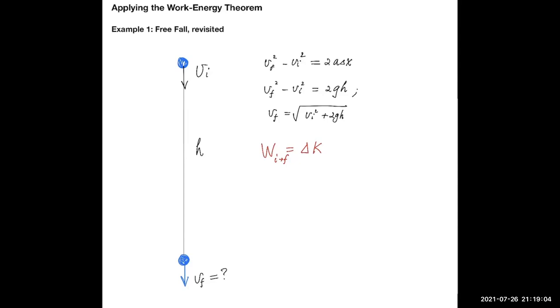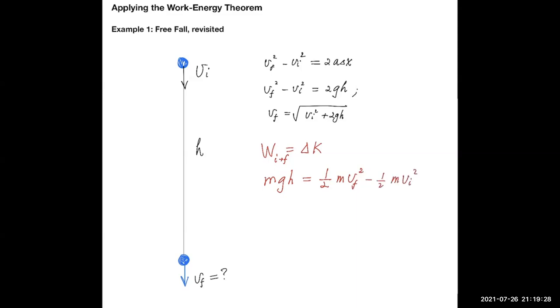That's mgh. h is the distance dropped, so gravity does positive work in this case, mgh. And that equals 1/2 m v final squared minus 1/2 m v initial squared. That's delta k.